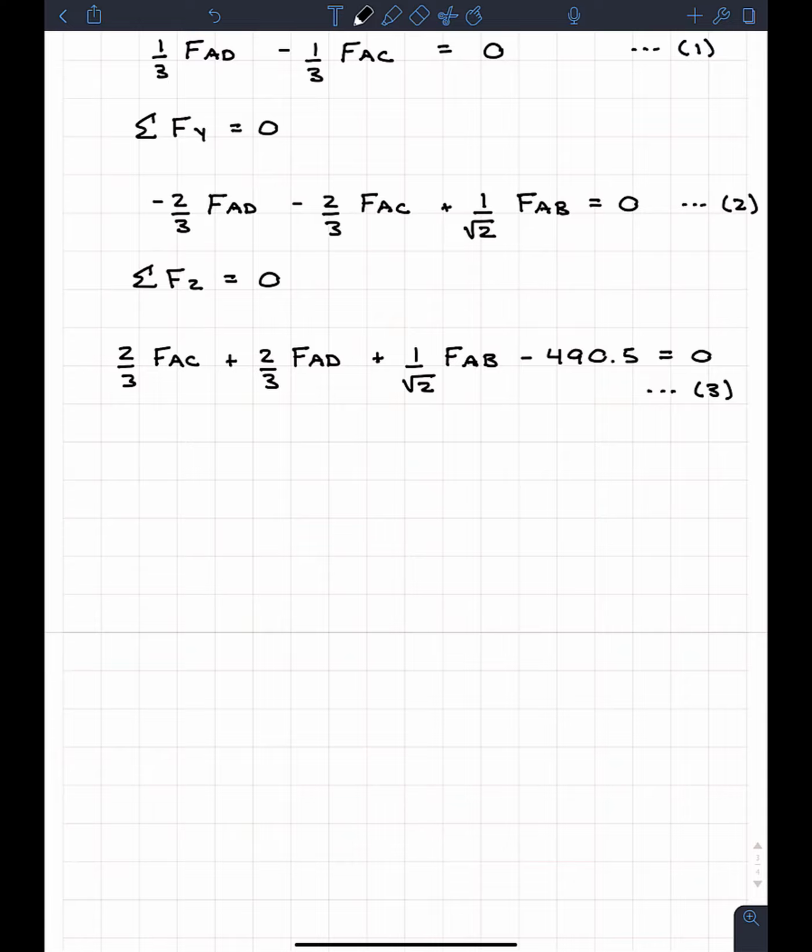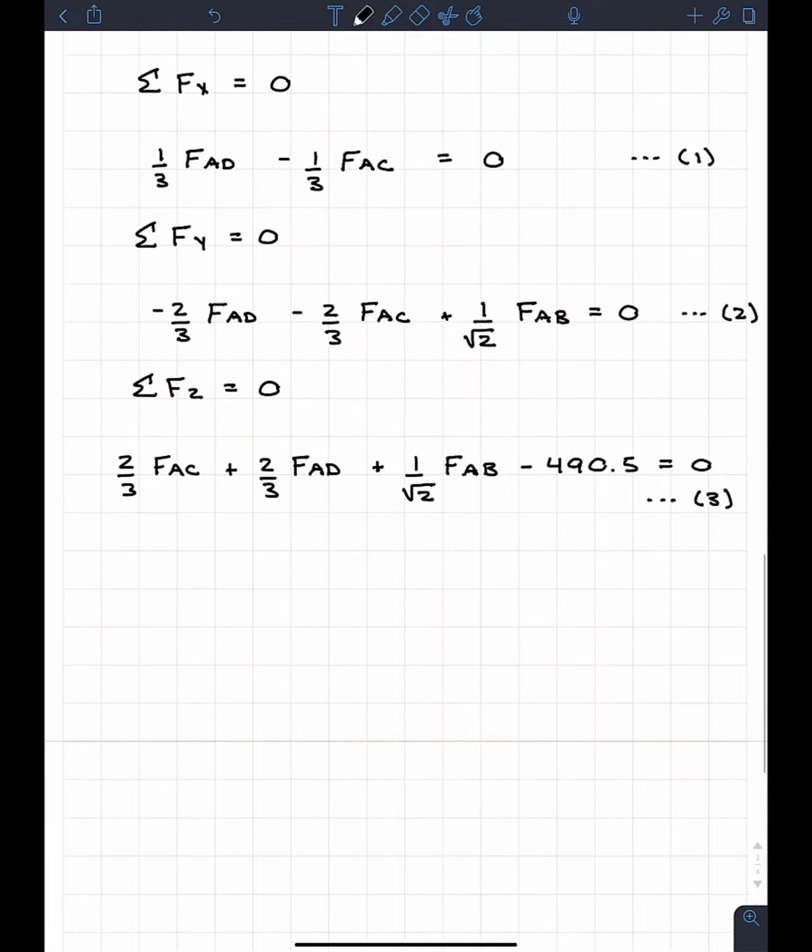So now that we have our 3 equations, we see that we have 3 unknowns. We can begin solving these. Looking at these equations, it's pretty obvious which equation is best to start with. That's going to be equation 1. I can move FAC to the other side, so I'm going to have 1/3 of FAD is equal to 1/3 of FAC.